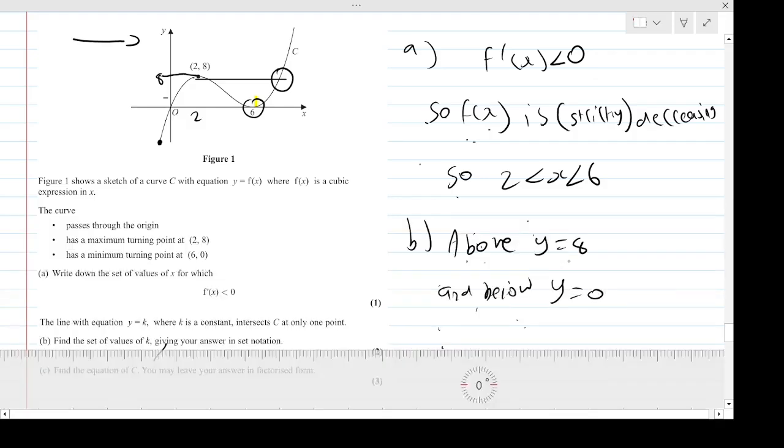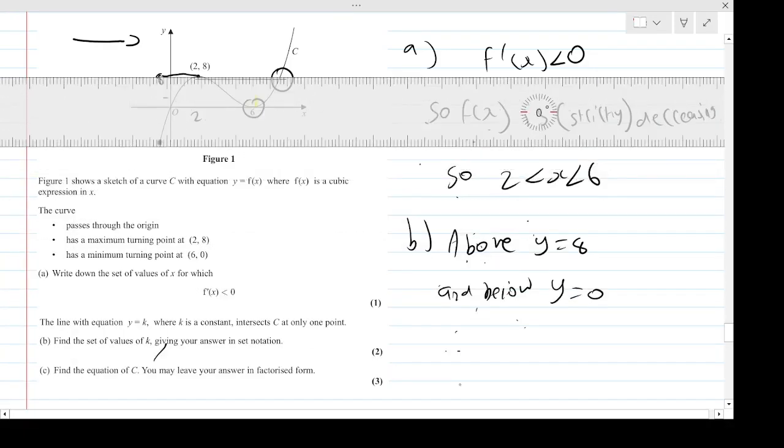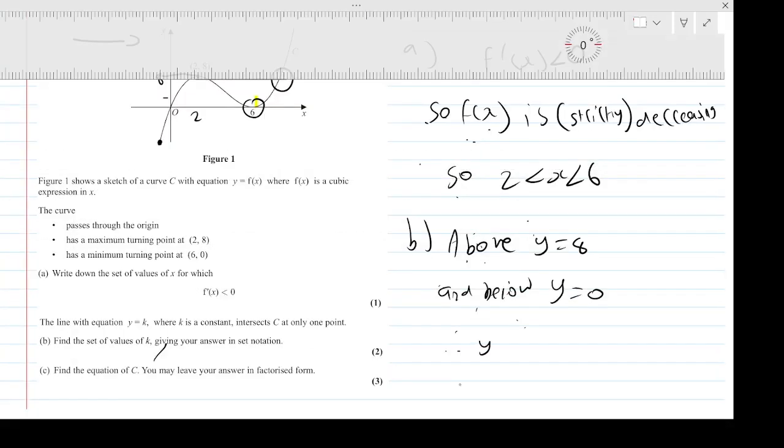So then as inequalities, we could say that y has to be above 8, or y is less than 0. So if it's below y is 0, as we've seen, then it's one intersection, so it's y less than 0, and y is greater than 8 when it's above the line y is equal to 8 to get that as well.